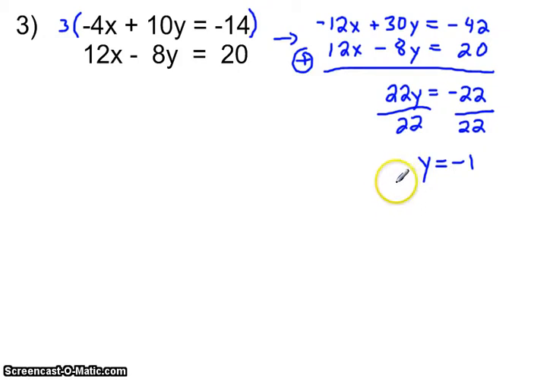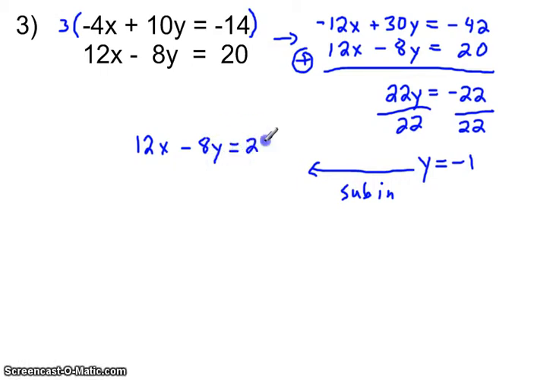Same process again. I'm going to sub this back into either one of these two equations. In this case, I believe the second equation looks a little bit friendlier. So I'm going to sub this in. So I've got 12x minus 8y equals 20. I will sub in the negative 1 for the y.